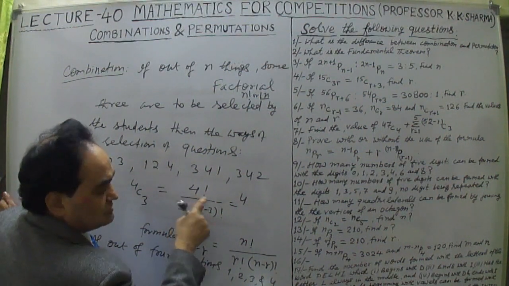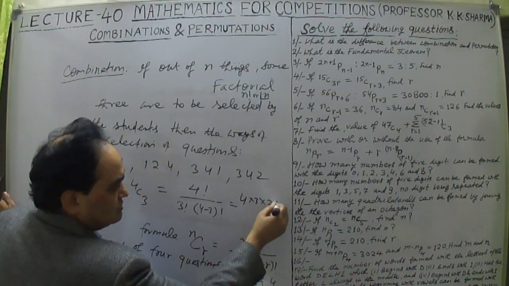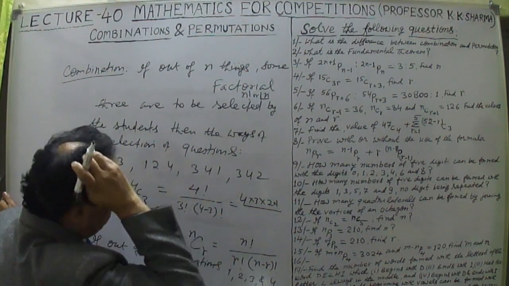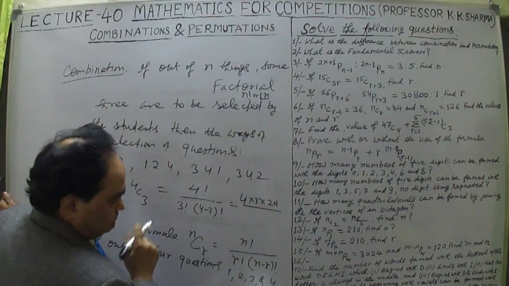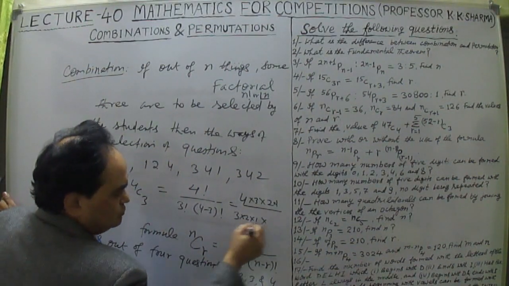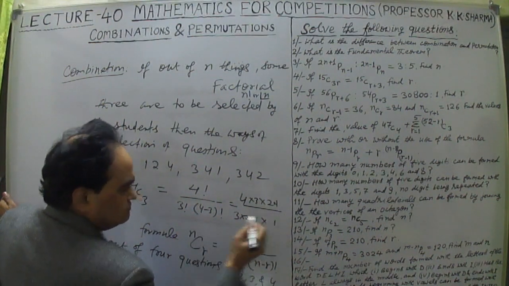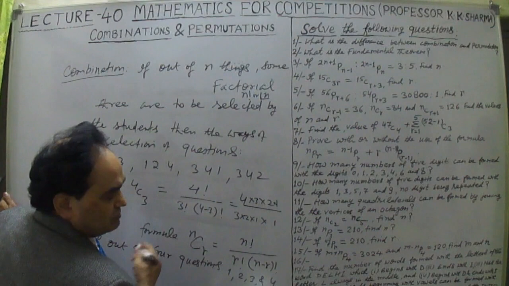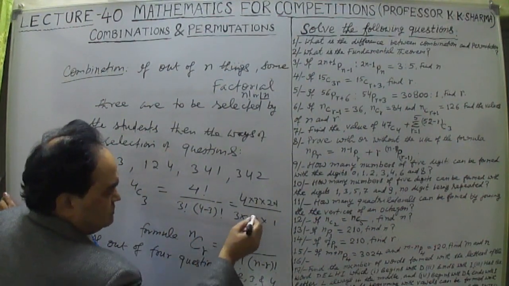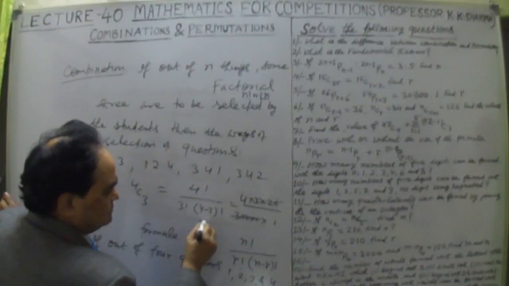What is factorial 4? 4 into 3 into 2 into 1. Factorial 3 means 3 into 2 into 1, into this is 4 minus 3, which is 1 factorial, and 1 factorial is only 1. So the 3 into 2 into 1 cancel out, and only 4 is left.